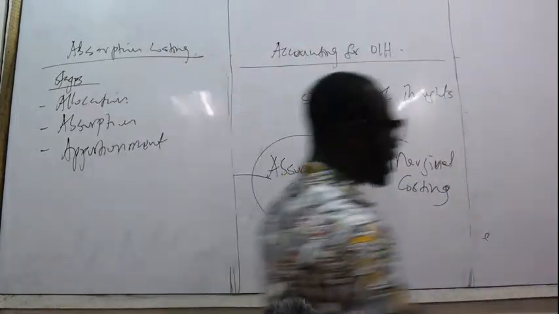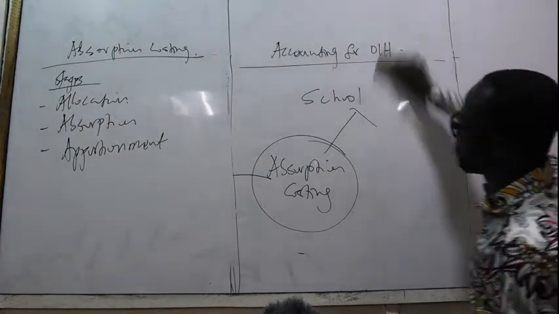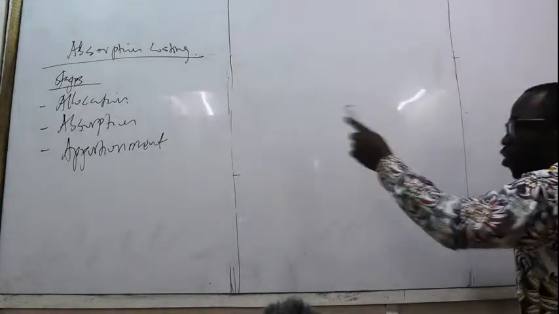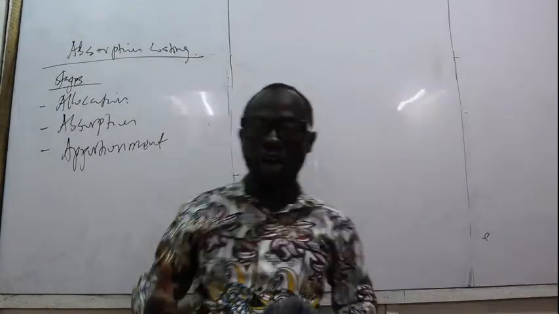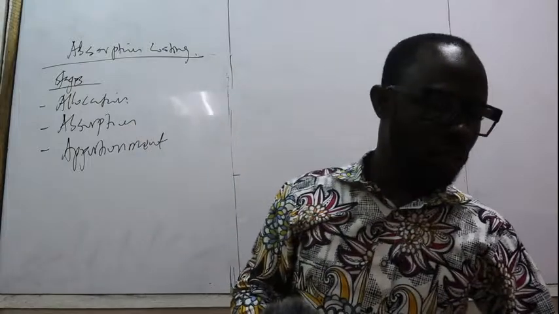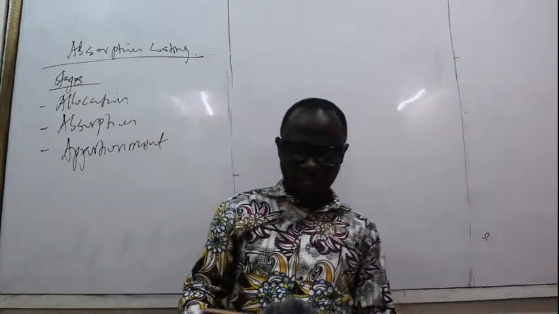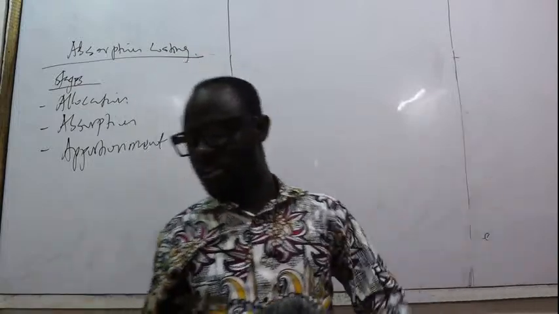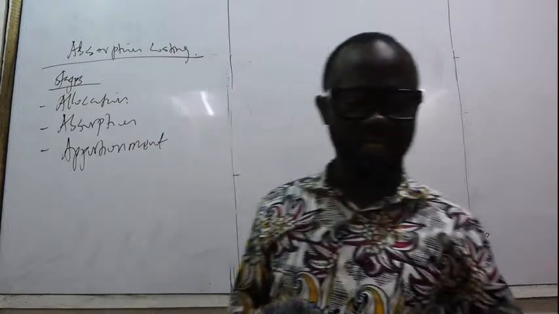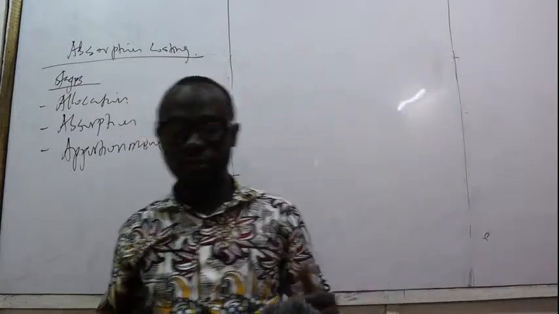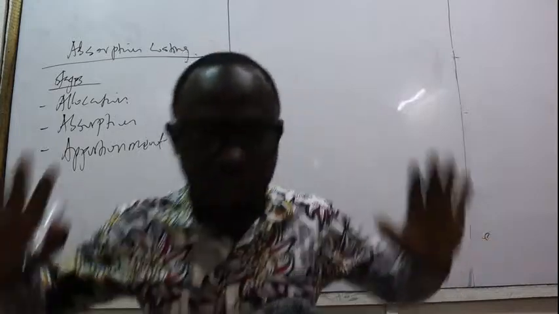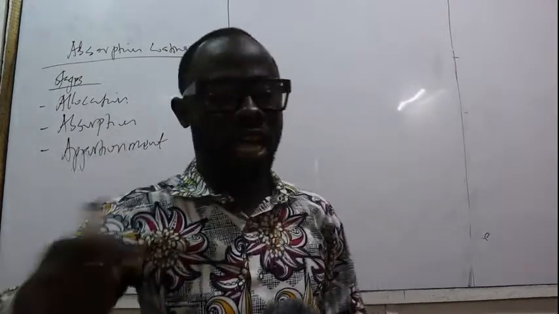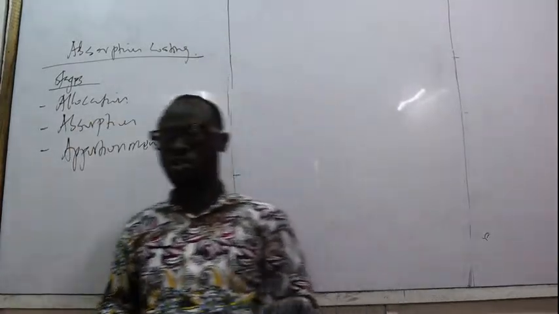So that is overhead allocation. Let's come to the second one, overhead apportionment. What is overhead apportionment? Apportionment is the process whereby indirect costs are spread fairly between cost centers.